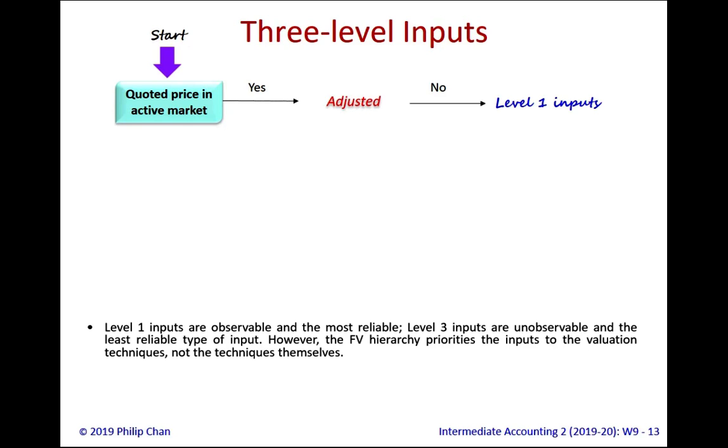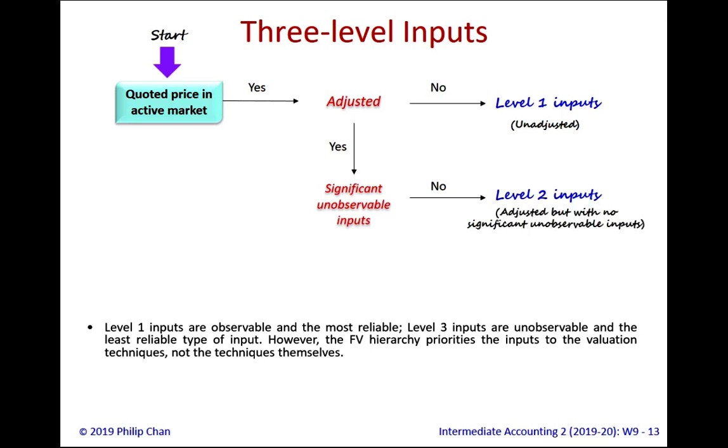But let's say you have a quoted price and you need to make adjustments, provided that the adjustments to the quoted price do not involve significant unobservable inputs. In that case, it is considered a level 2 input.